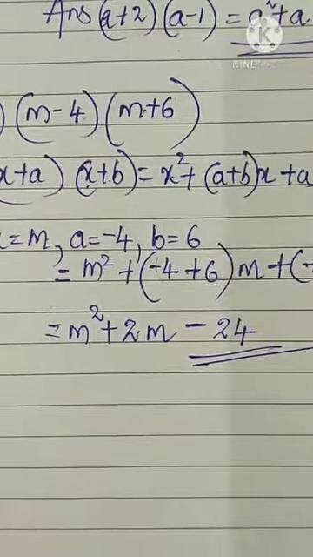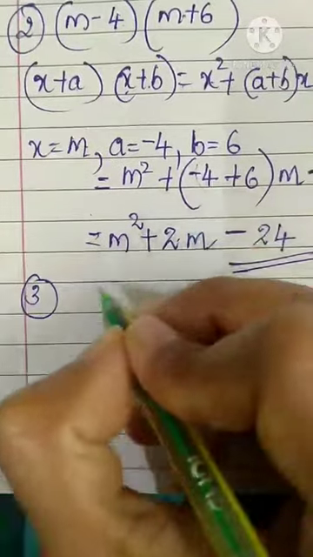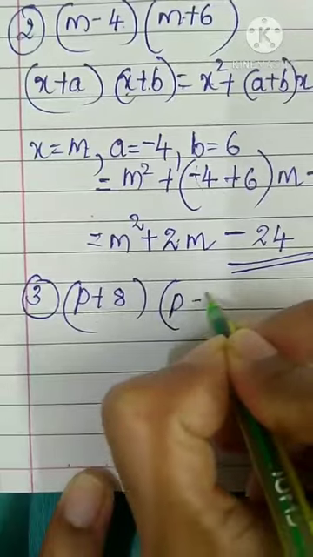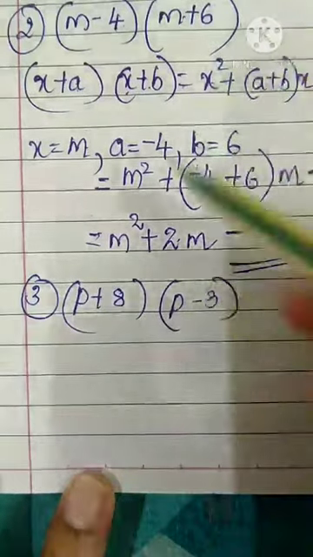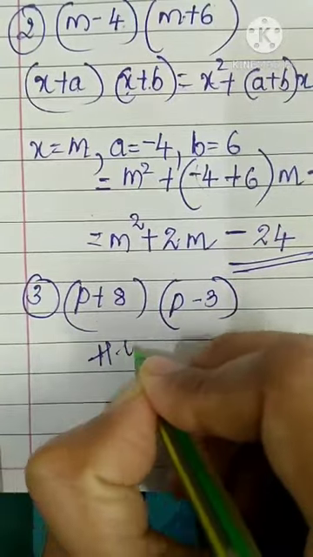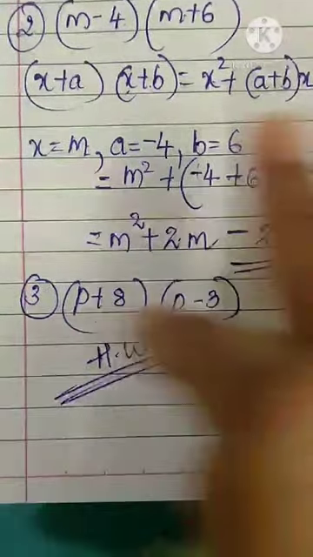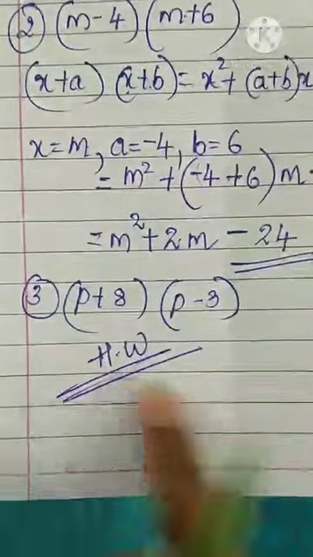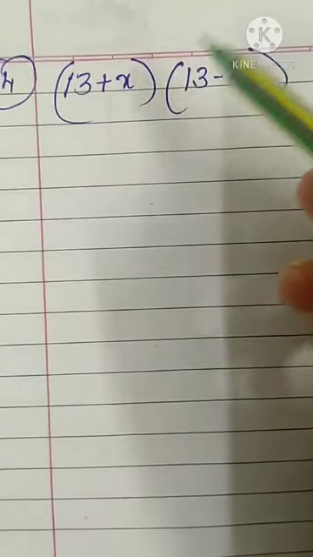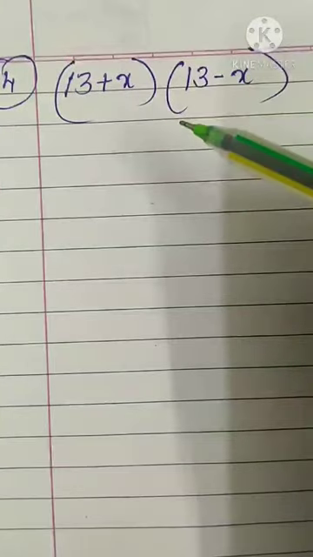Okay, children. Now third sum you have p plus 8 and p minus 3. Same way, using the expansion, you will do this as homework. Same way, you see the formula and expand it. Now see this sum, the fourth sum. Whenever you learn new formulas, don't forget the old formulas which you have learned.